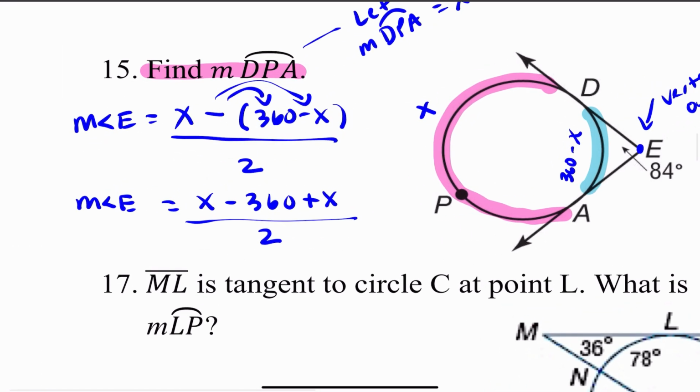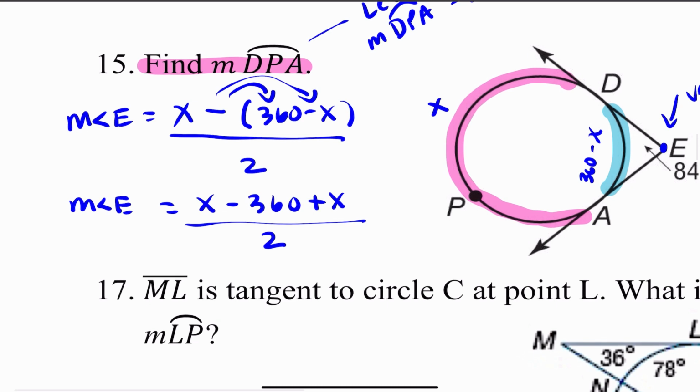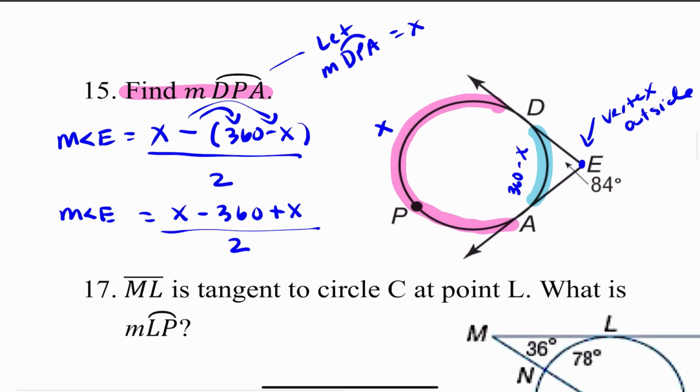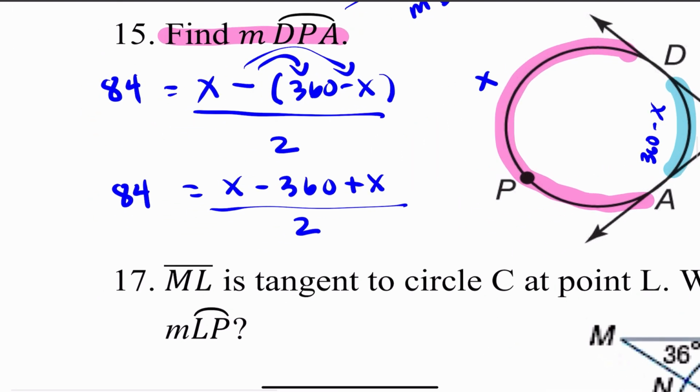So then, what do I do here? Oh wait, the measure of angle E is already given, right? Well, the measure of angle E is 84, so I can go ahead and replace it with 84. Okay, so now I have a working equation where I'm not dealing with two variables. Okay, so multiply both sides by 2.